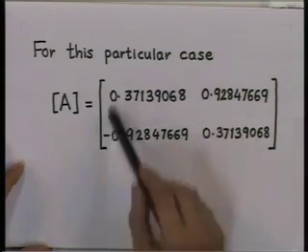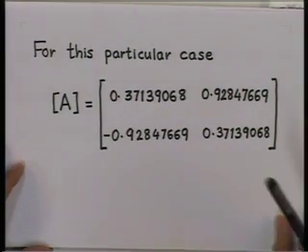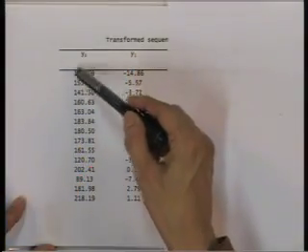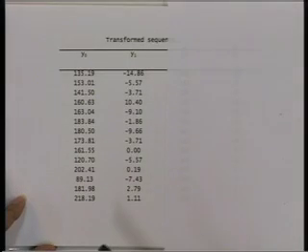Once we have the rotation matrix, we can transform and obtain the output as shown here. So, we get the output y0 and y1.